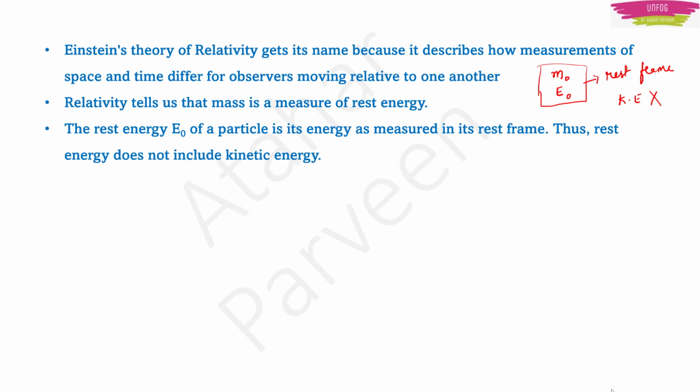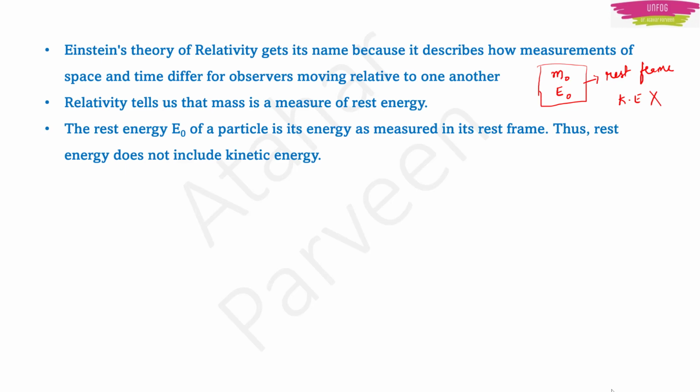Another important point is nuclear fission and fusion. We have studied it in modern physics. In nuclear fission and fusion, we have seen that there was an enormous release of energy from just a small amount of mass, the atom. The atom has negligible mass, such a small mass, correct?